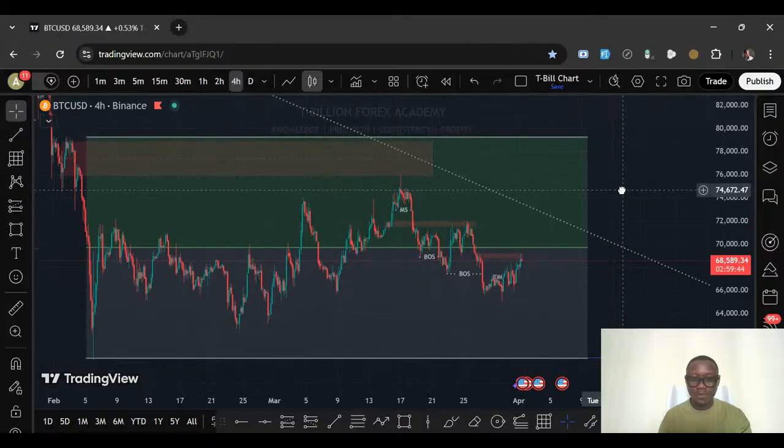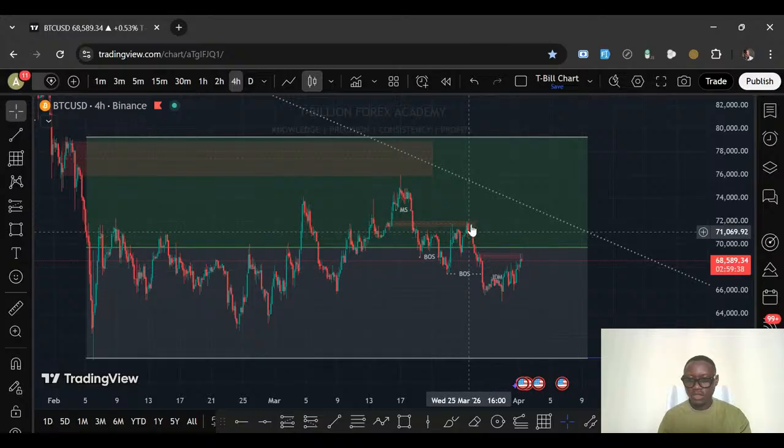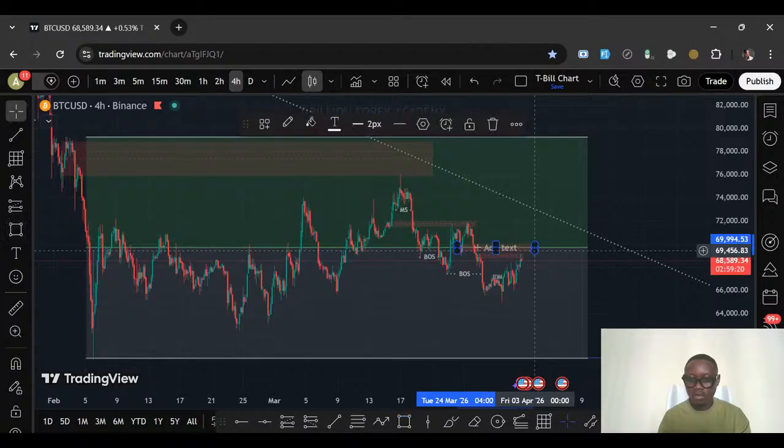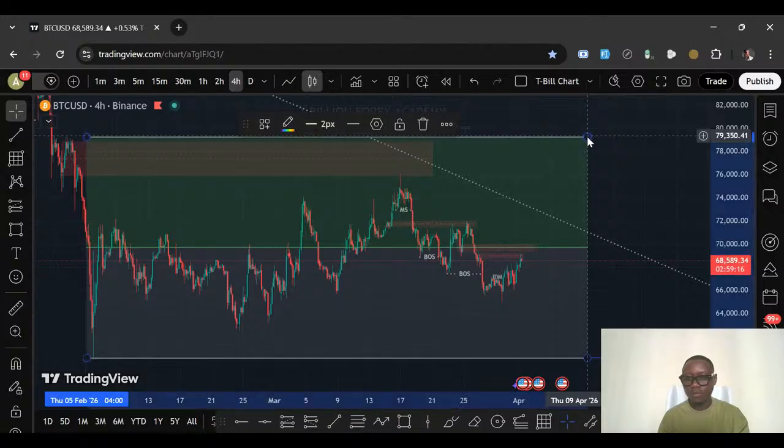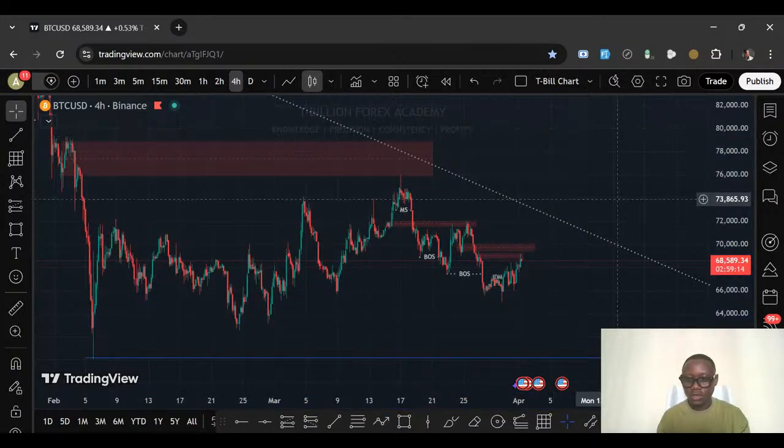The best place to sell would have been this right here. We're going to observe price at this zone as well as this zone. If this fails, the next place we want to potentially sell BTC would be right at this breaker block. You can see it's at equilibrium.